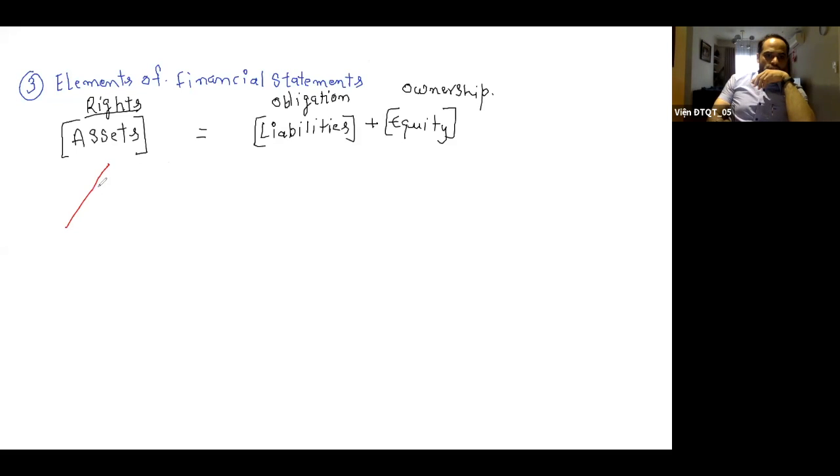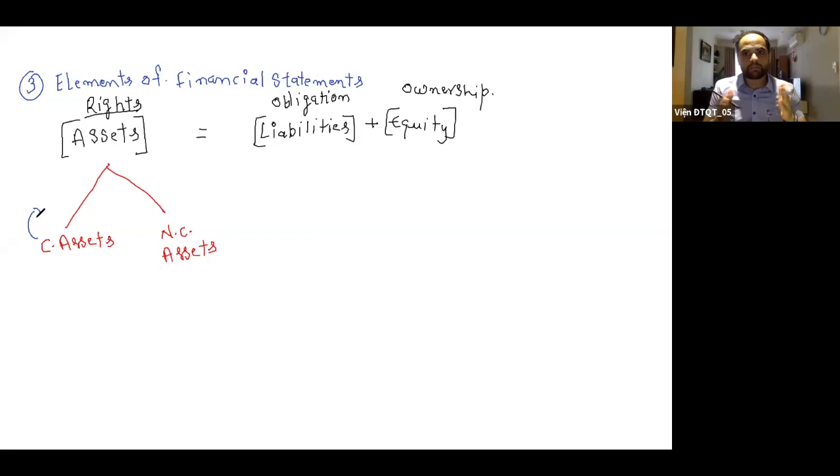Now, assets. Assets divided into 2 parts. So it means we have 2 types of assets: current assets and non-current assets. Now, current assets are assets which can convert into cash in very short period of time, right? Convert into cash in short term means within a year.